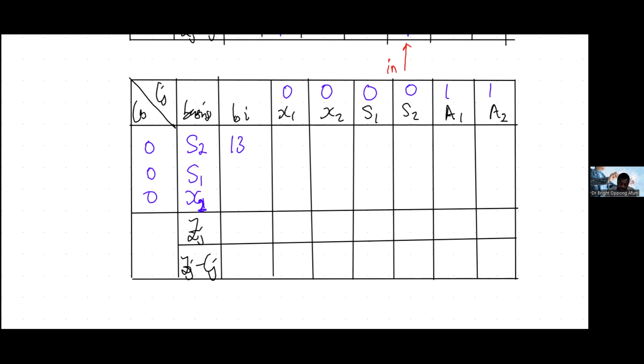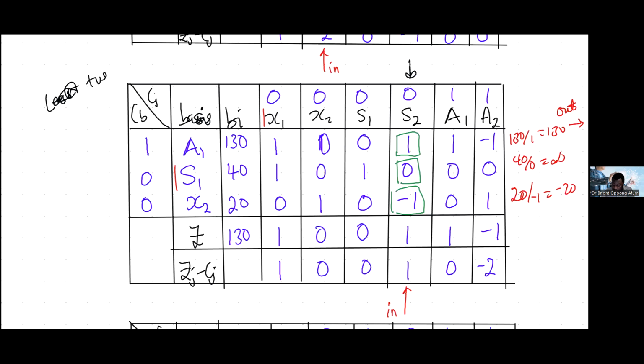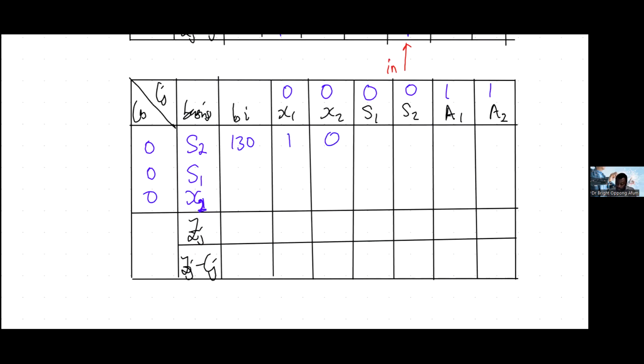Okay, so we have to compute the BI. The S2 came in and A1 left, so we compute that row, and because the pivot is 1, everything remains the same. So it's 130, 0, 0, 1, 1, negative 1.